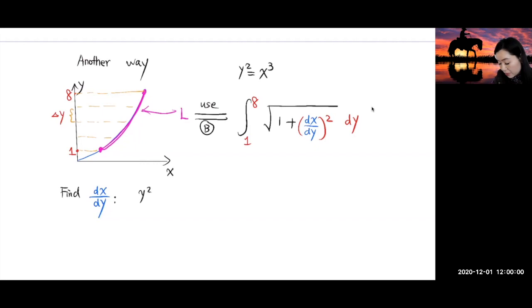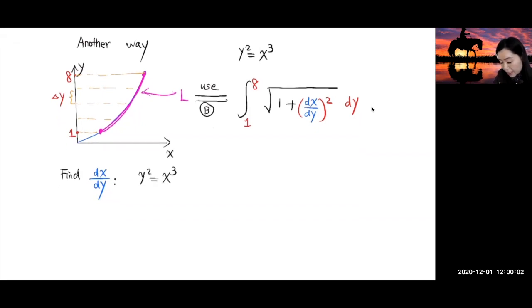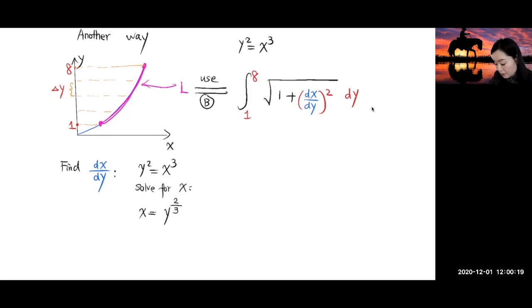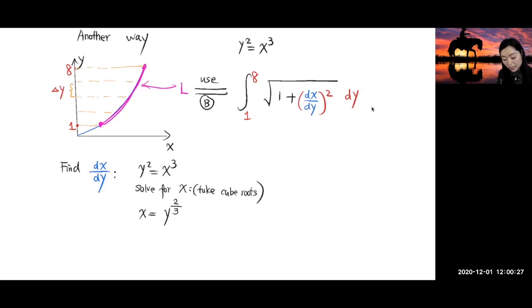You have y squared equal to x cubed. You can solve for x over here. Take the cube root on both sides. So x is equal to y to the 2 over 3 power. And now dx/dy will be equal to what? 2 over 3, and then y to the what power?